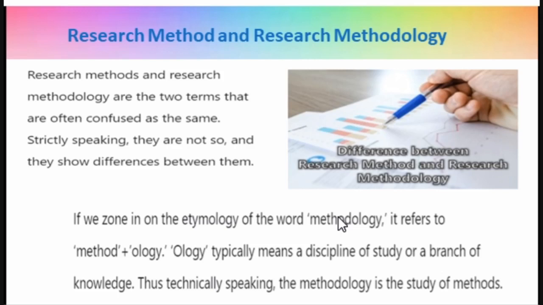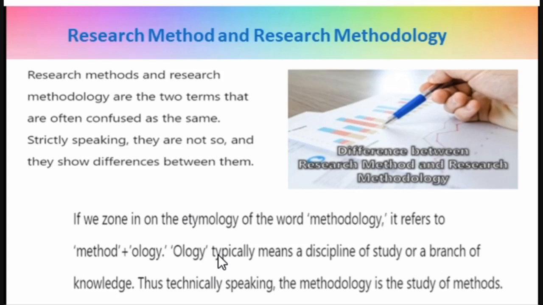The word methodology is a combination of two words, method plus ology. Ology typically refers to a discipline of study or a branch of knowledge. So technically speaking, methodology means study of methods.